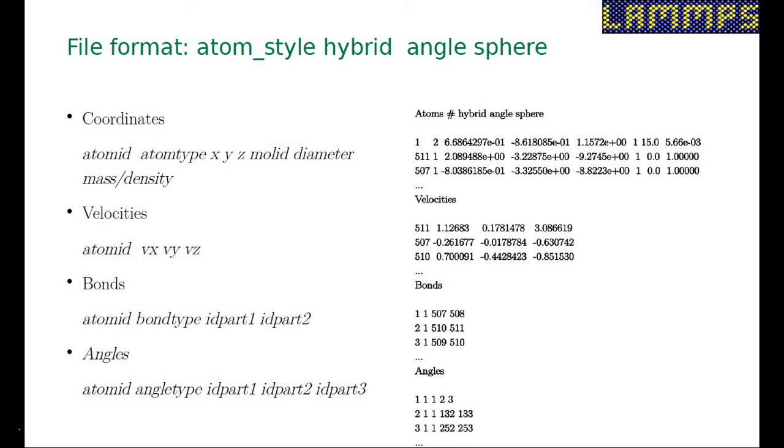Okay, so the file format of the atom-style hybrid for the angle sphere example. Then we have to include the coordinates. So this is the complicated part, if we can call it that. In this case, we need to use the atom ID, as in previous examples, followed by the atom type.